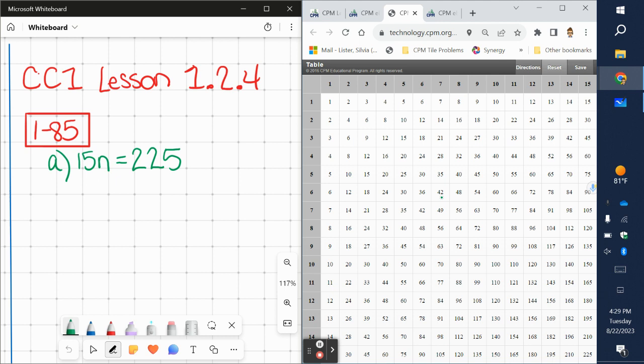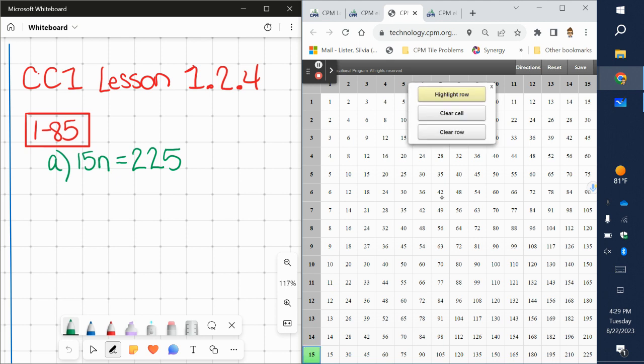So I know that 15 times some number equals 225. I can't see 15 down here at the bottom. Actually, let me move this out of my way. Let's find 15 here at the bottom, and I can highlight the entire row. I'm looking for 15 times what number is going to give me 225. As I go across the row for 15, I'm looking for 225. And here I see it.